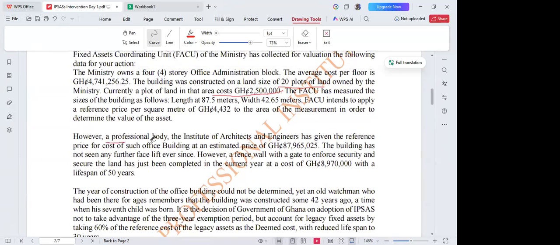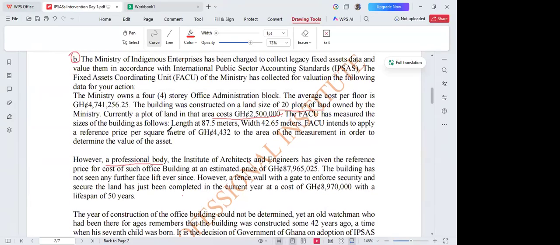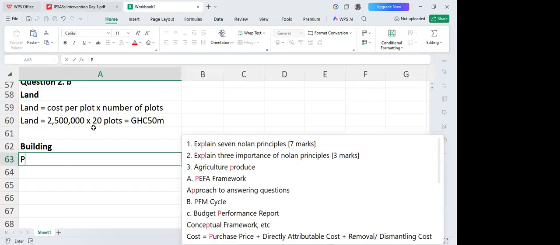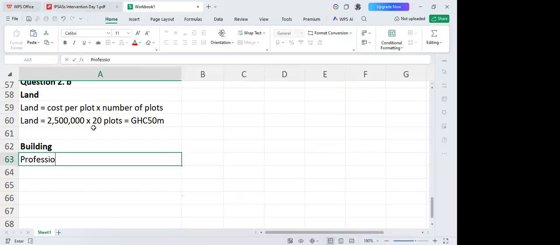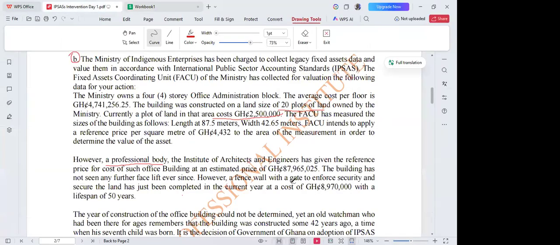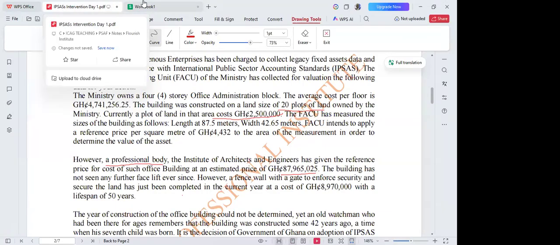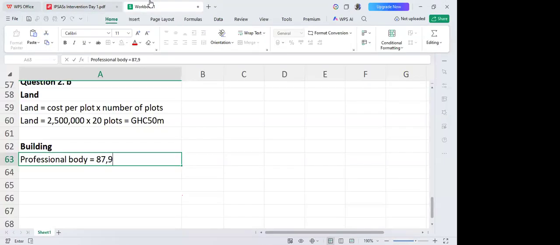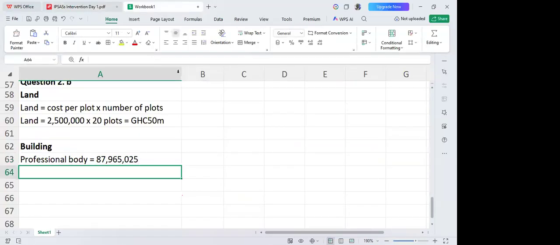Maybe someone was taking this question for the first time. So we have several values we can use for the building. We have one by the professional body. So let me bring the value here since he has mentioned that first. The professional body, that's the Institute of Architects and Engineers, has given us an estimate to be 87,965,025. So this is by the professional body.